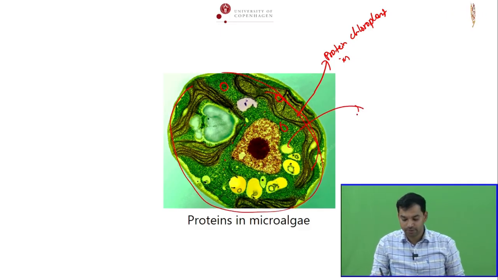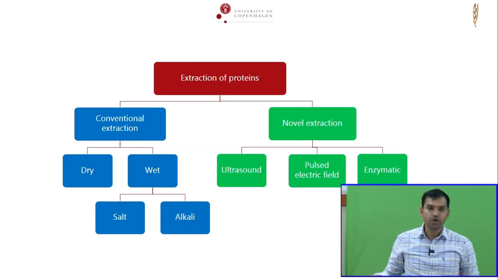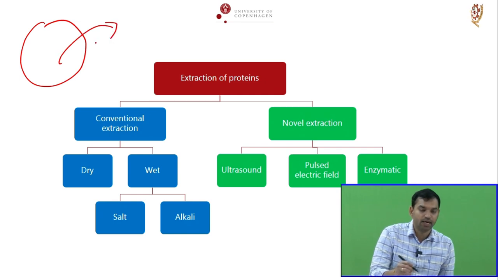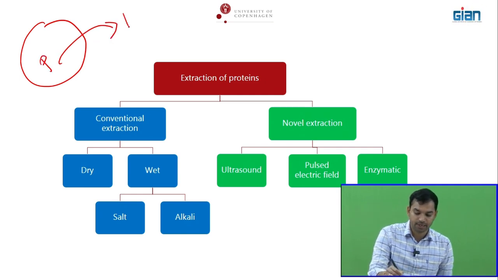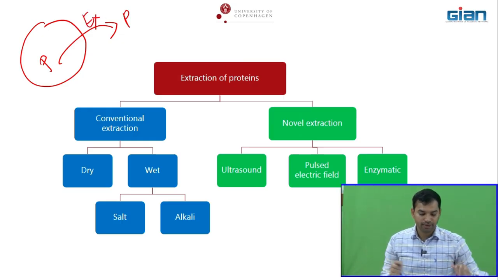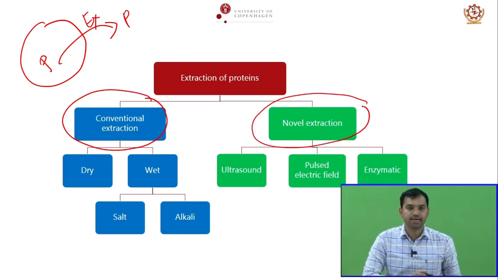Then we need to extract protein from inside to outside. Now, I'm going to show you how exactly we can extract protein from inside to outside. Protein is inside and protein is now outside using different extraction technologies. So, that can be divided into two classifications, conventional extraction methods and novel or emerging extraction methods.